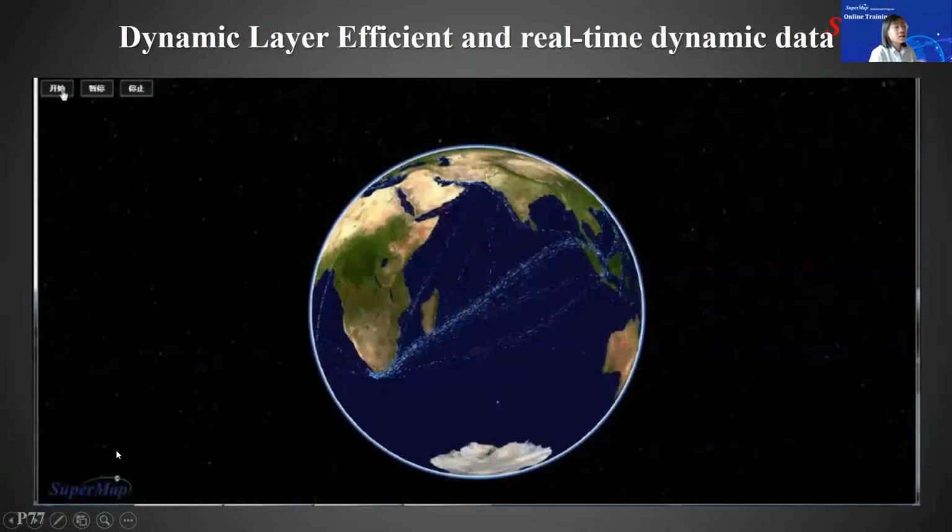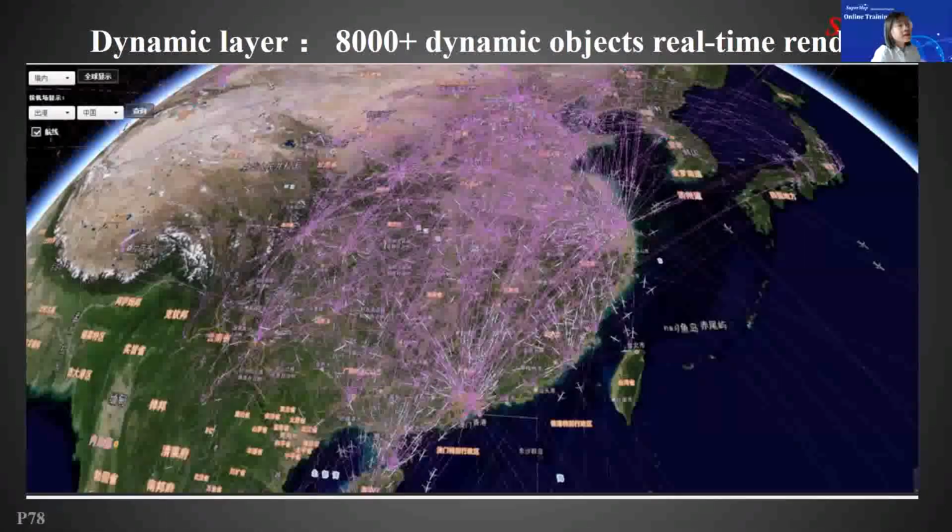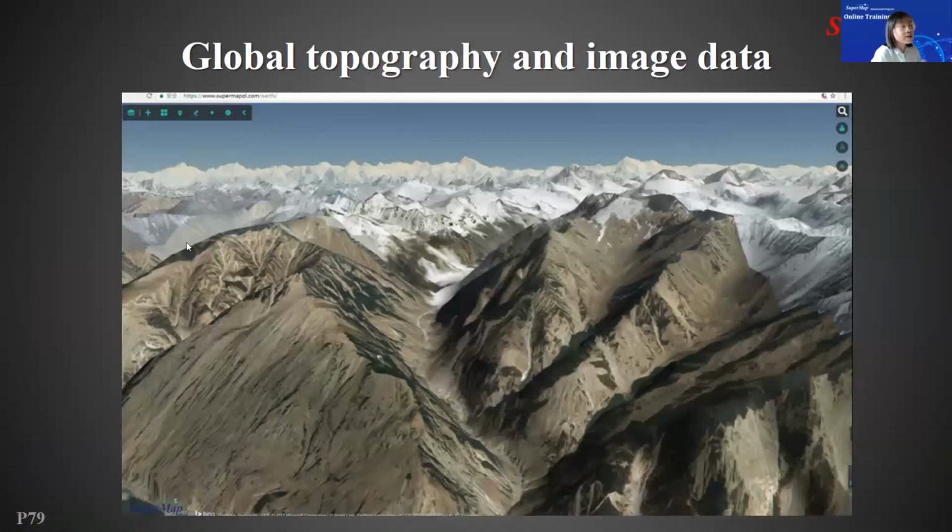And here we can see the dynamic layers. This example is global shipment data. We can visualize the whole global shipment movements, and this is the whole global flight with a 3D airplane model, and this is a terrain model.